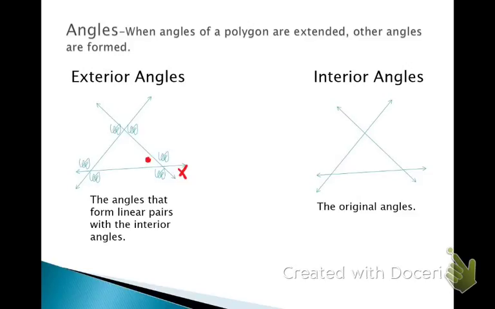So the exterior angles are just the ones that make a line with the interior angle. At each angle there are two exterior angles, one on each side. Interior angles are the angles inside the triangle, the original angles.